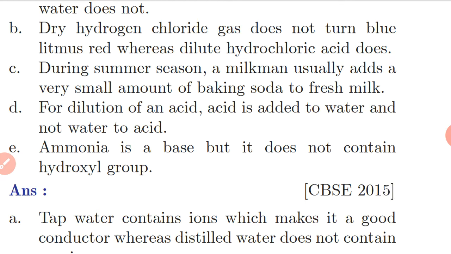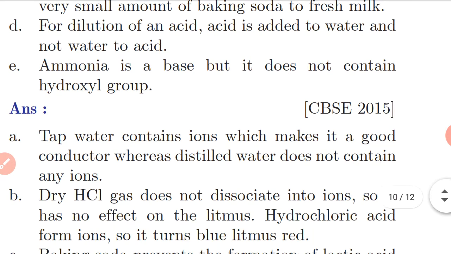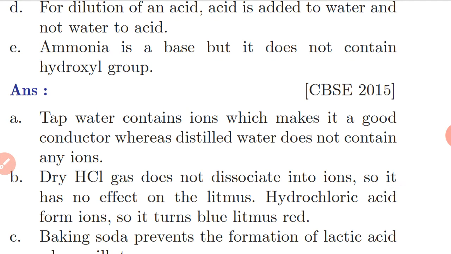As we know, any dry chemical will not have any effect on litmus paper. It will have its effect only when it is wet, or when it is an aqueous solution. So let's see the explanation.